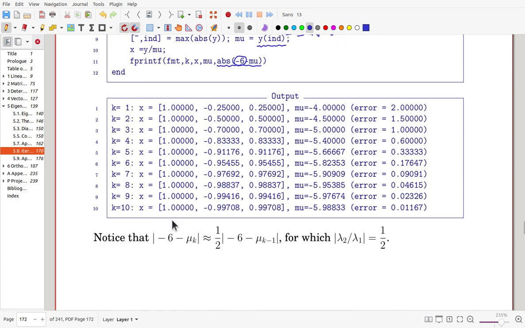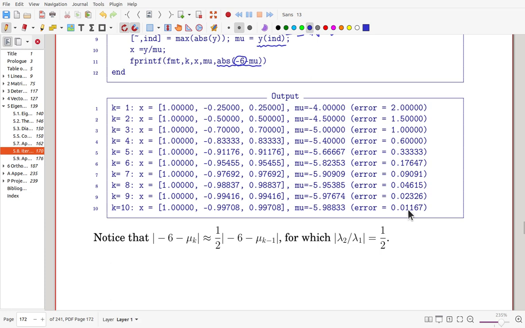After 10 iterations, we have a vector near around v1. So if you do more iterations, then you can get better approximation. Now also the mu is approaching minus 4 apparently, and here this is the error between minus 4.